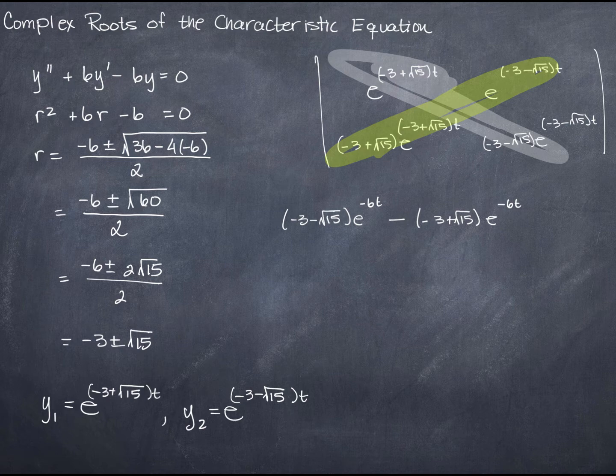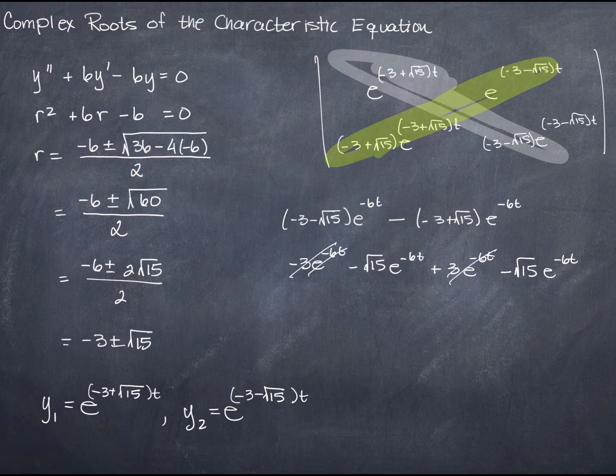So we get this. So let's distribute our e to the negative 6t and distribute our negative. We get negative 3 e to the negative 6t minus root 15 e to the negative 6t plus 3 e to the negative 6t minus root 15 e to the negative 6t.